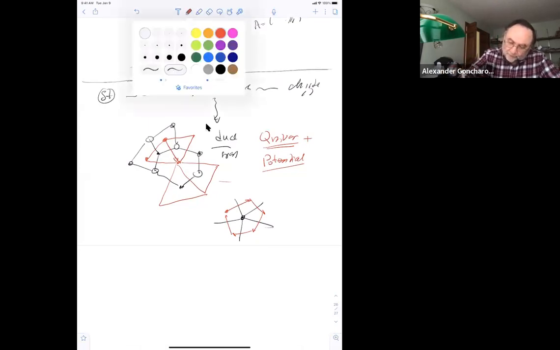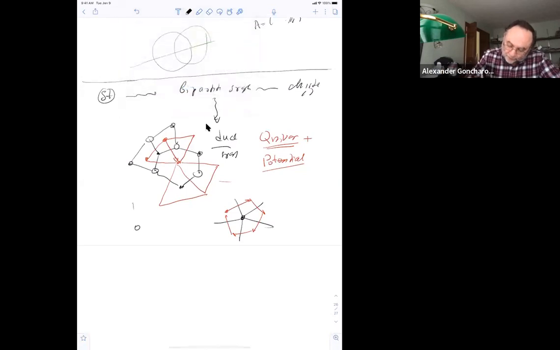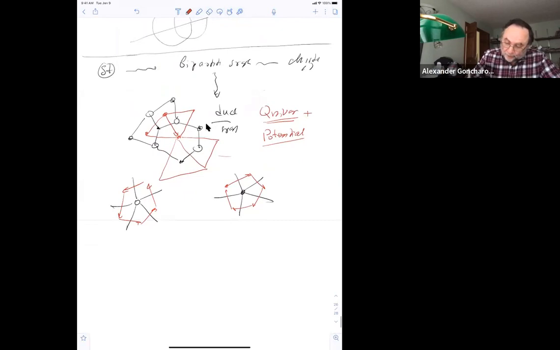And if you have a white vertex, you declare that it's going counterclockwise. So our potential is just the sum of these loops around black vertices and around white vertices. They're oriented in a different way.